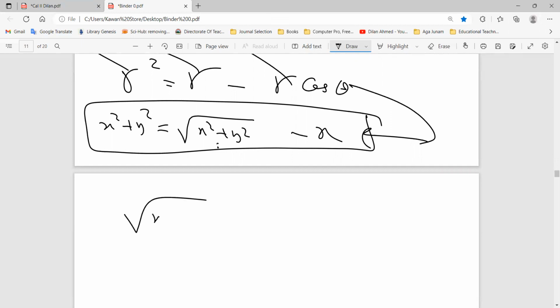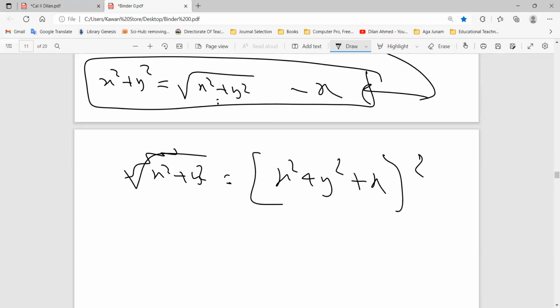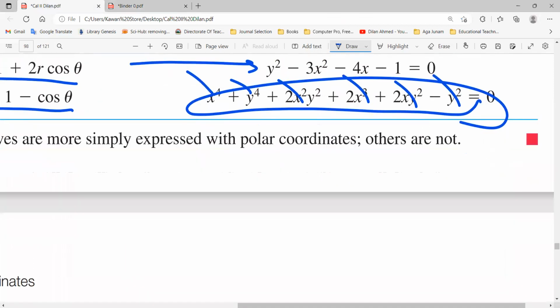I say square root of x squared plus y squared is equal to x squared plus y squared plus x. Am I right? And make all of them squared, then you'll get x to power 4, y to power 4, and something else. That's why we got that one. Understood? Good. So try to find them.